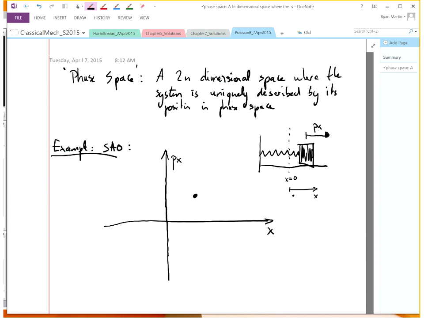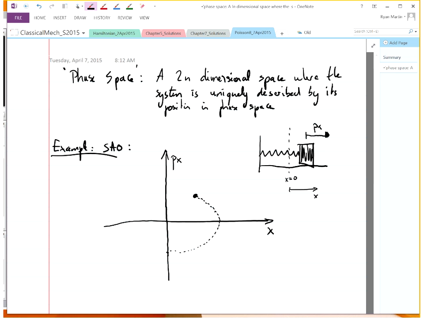And we saw that what we expect for the simple harmonic oscillator, if it starts at this position in phase space, because it's going in the positive x direction, the spring is going to slow it down more and more until it stops. So it's going to move in increasing x, but with decreasing momentum until it reaches a maximum. At that point, it's still in the positive x direction, and now its velocity is reversed, and so it's going back towards the origin.